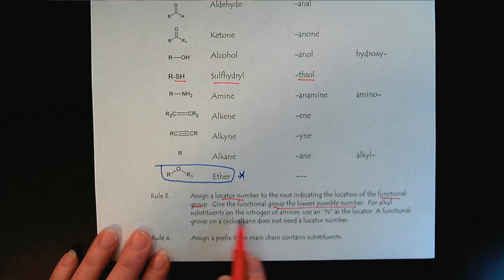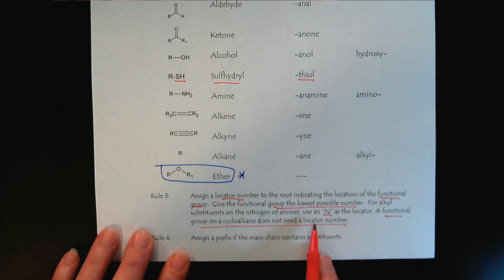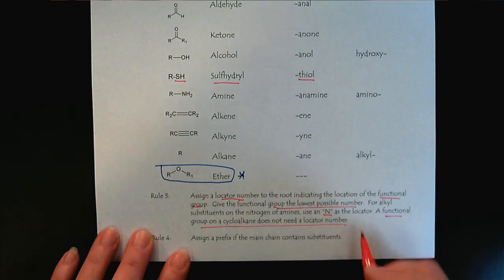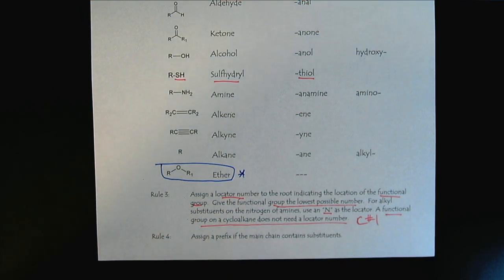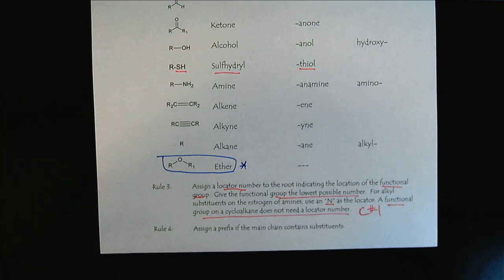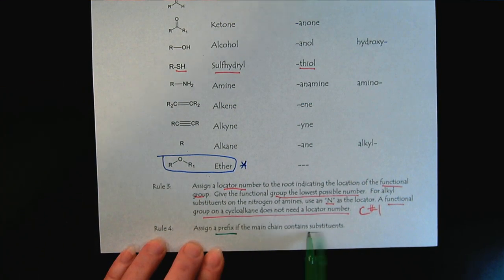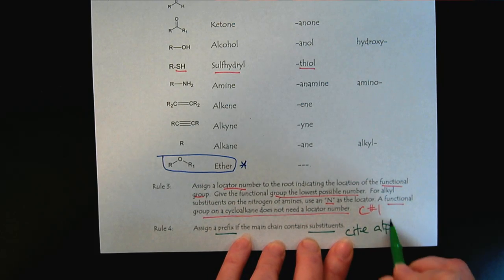If we are naming amines and we have a substituent coming off of the nitrogen, we will use N as the locator. And remember that functional groups on cycloalkanes do not need a locator number because they're always on carbon number 1. And then the prefix, if there is a prefix, that would be any substituents, and we always cite those alphabetically.